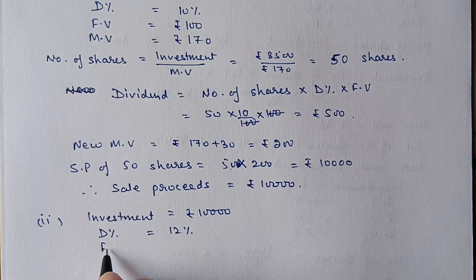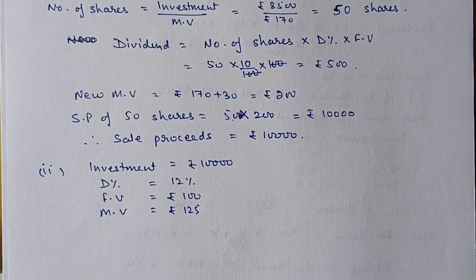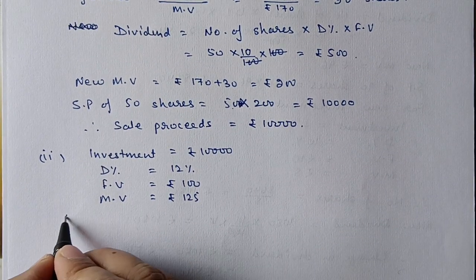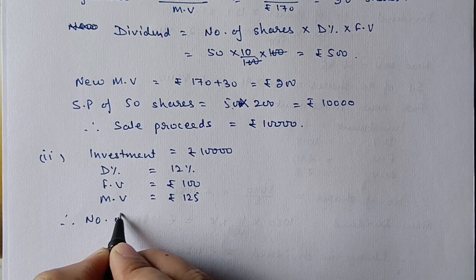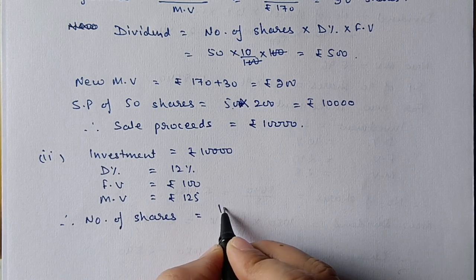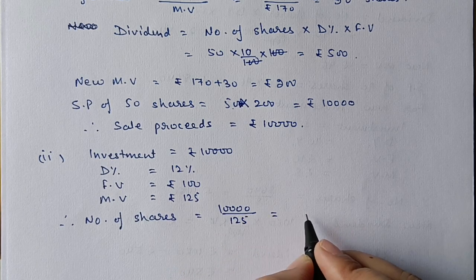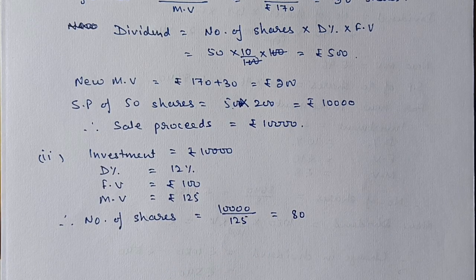Face value is given as 100 rupees and market value is given as 125 rupees. So first we will calculate how many shares he can purchase. So number of shares is equal to investment upon market value. So after calculating, we will get 80 shares. So this is the second part.